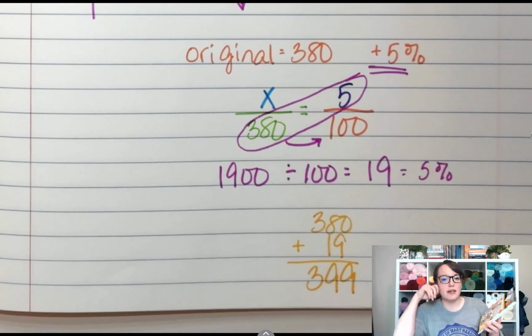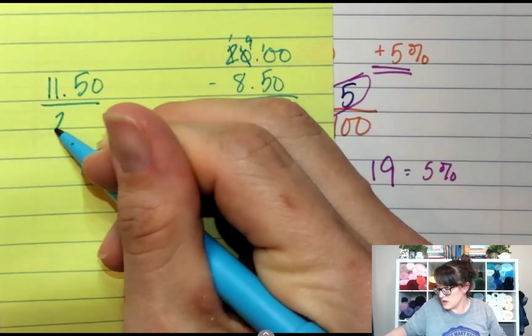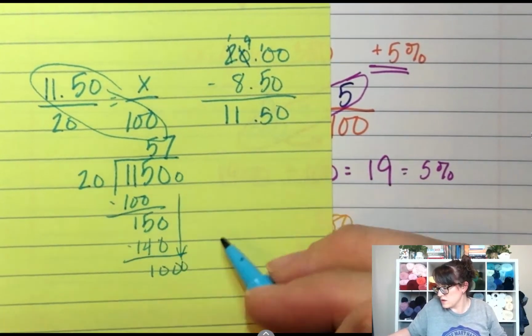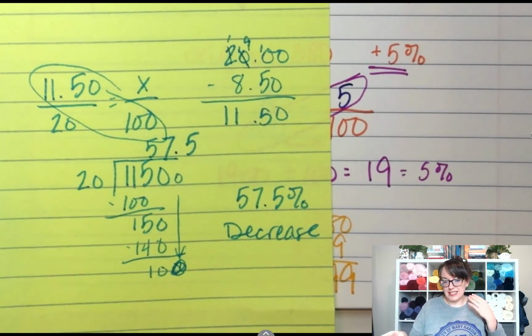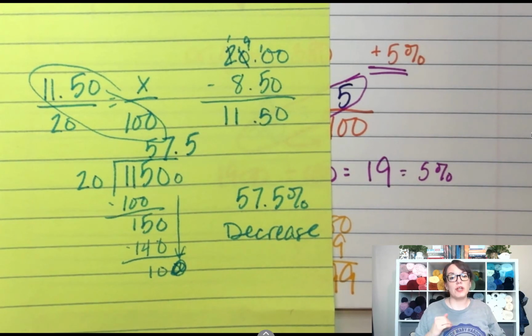What was the percent of change from the original of 20 to what I paid? It was a percent change of 57.5%. I got it on sale for 50% off, and then I got to use my teacher discount. So that's how that worked.